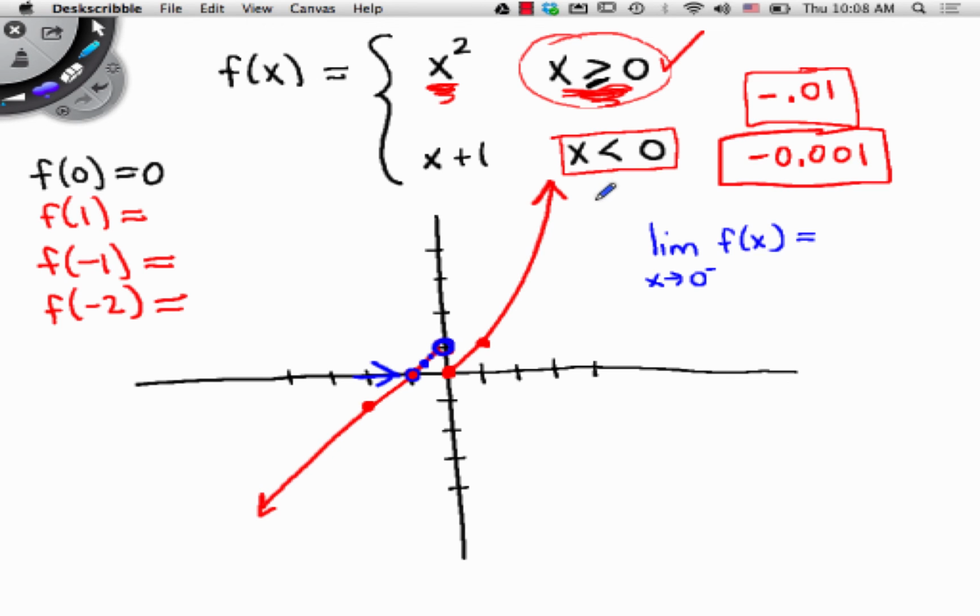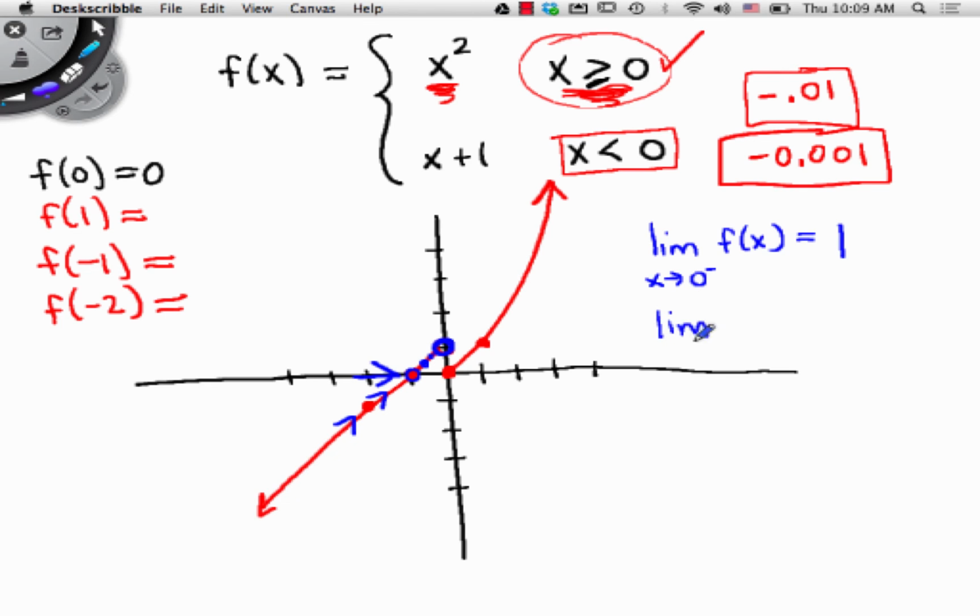Do you see that? So what is this limit equal to? The number 1. Why? Because as I approach 0 on the x-axis, the ordered pairs get closer and closer to y equals 1, traveling in this direction on the curve.